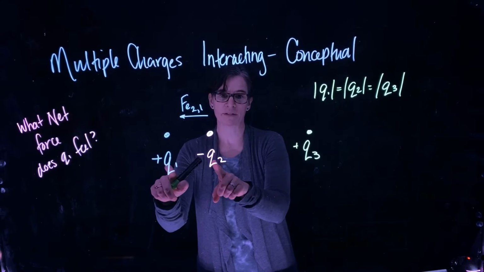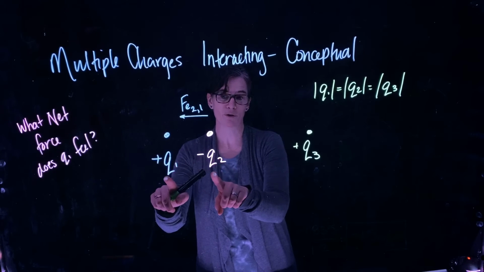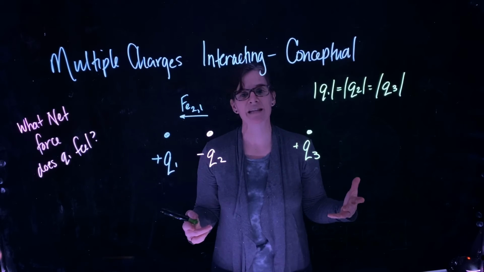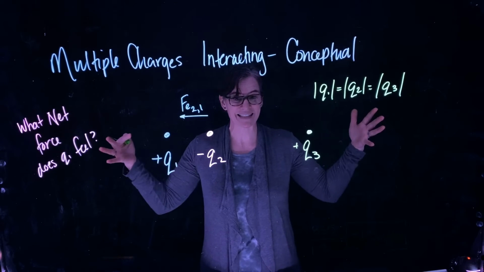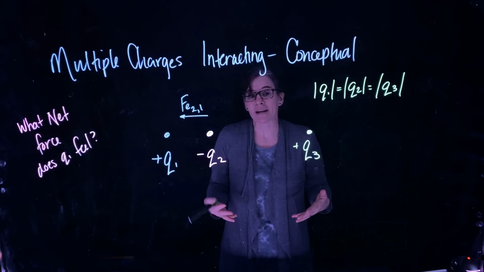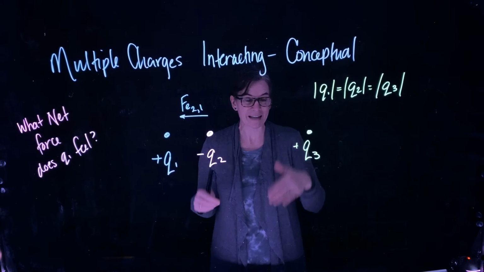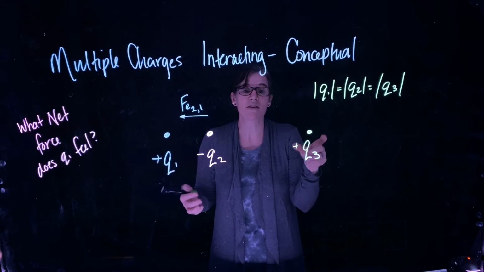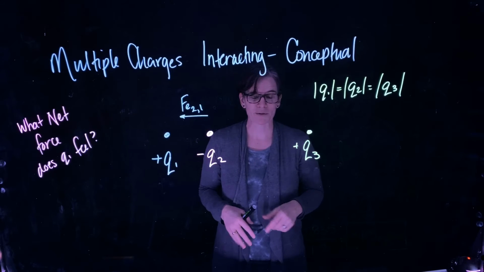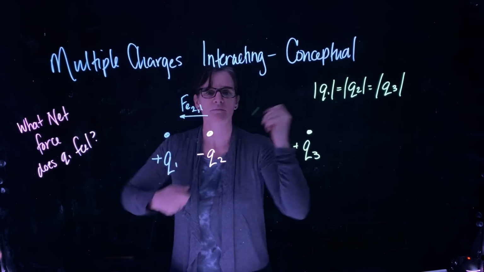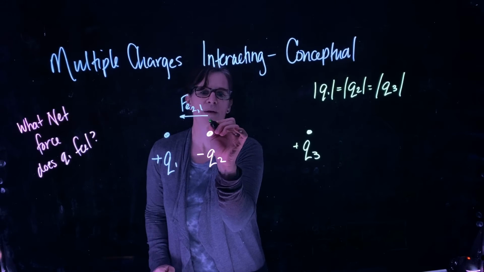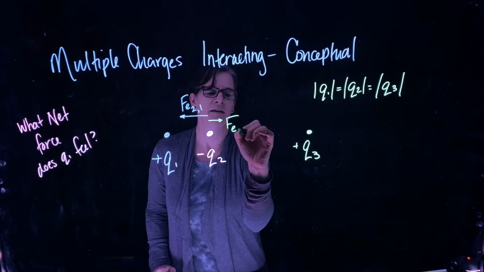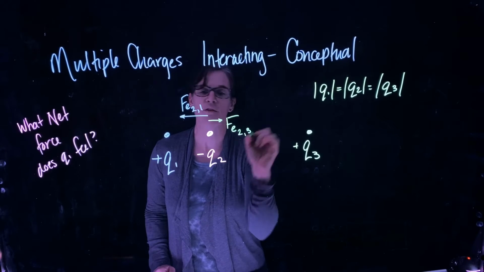Well, the difference between Q1 and Q2's radius and Q2 and Q3's radius, that's about twice the distance. And so again, the force is inversely proportional to the radius squared, so it's about a fourth of the strength of that force, and that direction. So we have the force in that direction on 2 by 3.